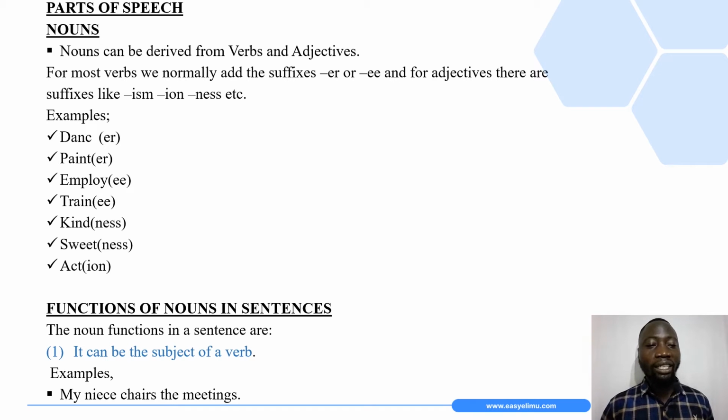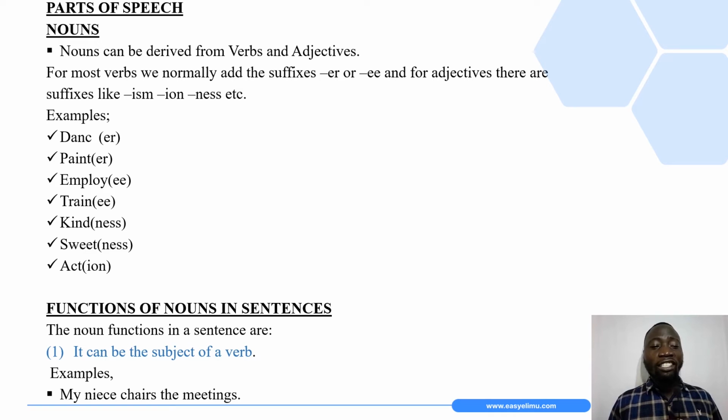If we omit the final letter E in dance and add the ending er, we will form a noun, that is dancer. A dancer refers to a person who is dancing, either by moving the body or shaking the body.